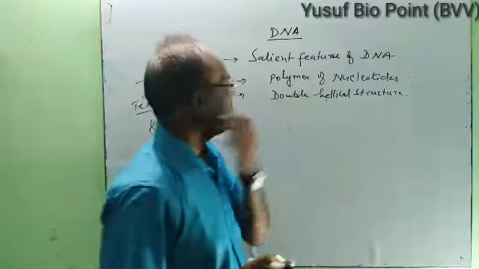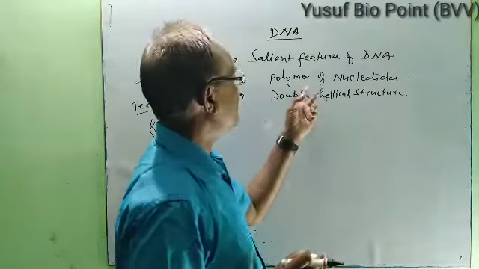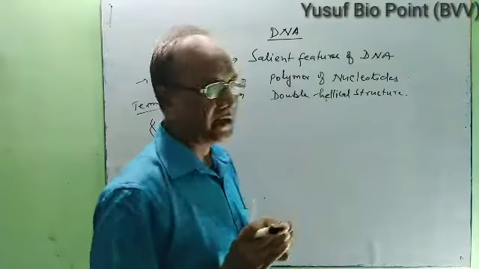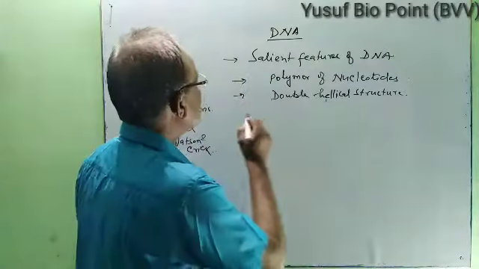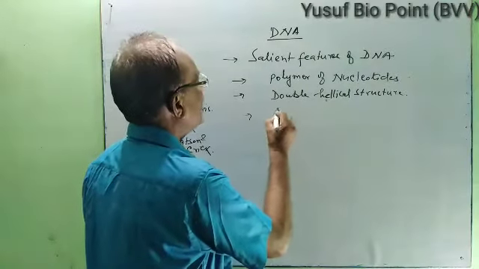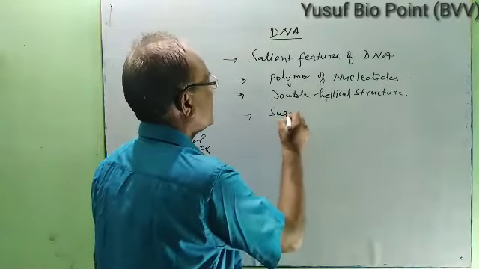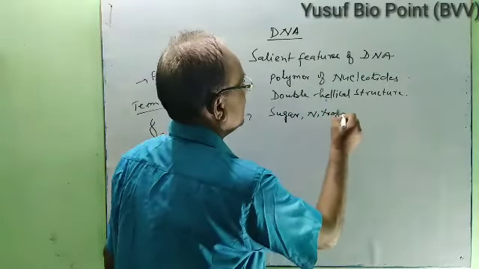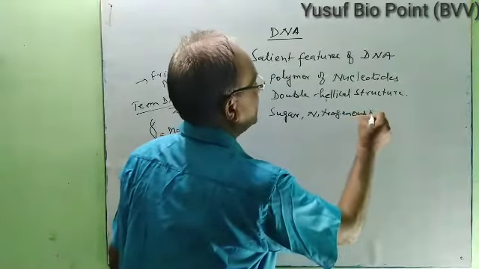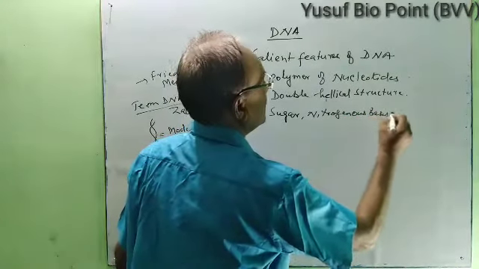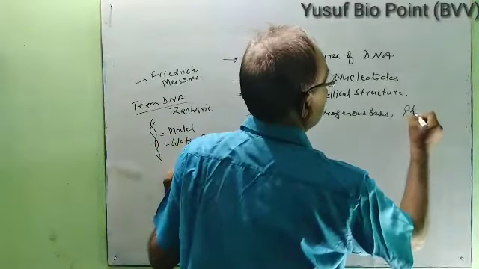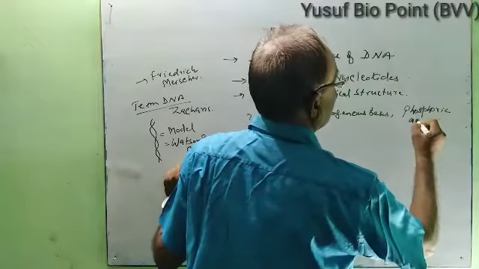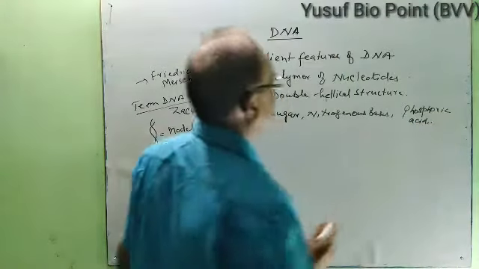So DNA is a polymer of nucleotides. Poly means many nucleotide molecules are combined. We have already discussed it contains the sugar, nitrogenous base, and phosphoric acid.